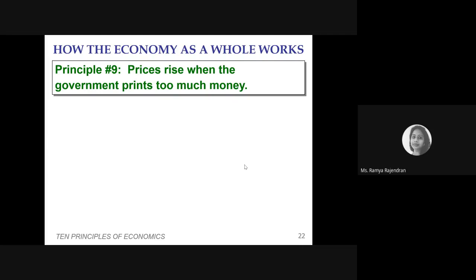And then prices rise when the government prints too much money. Yes, this is going to be a major factor. Sometimes, to make the economy thrive, the government wants to increase the cash flow.